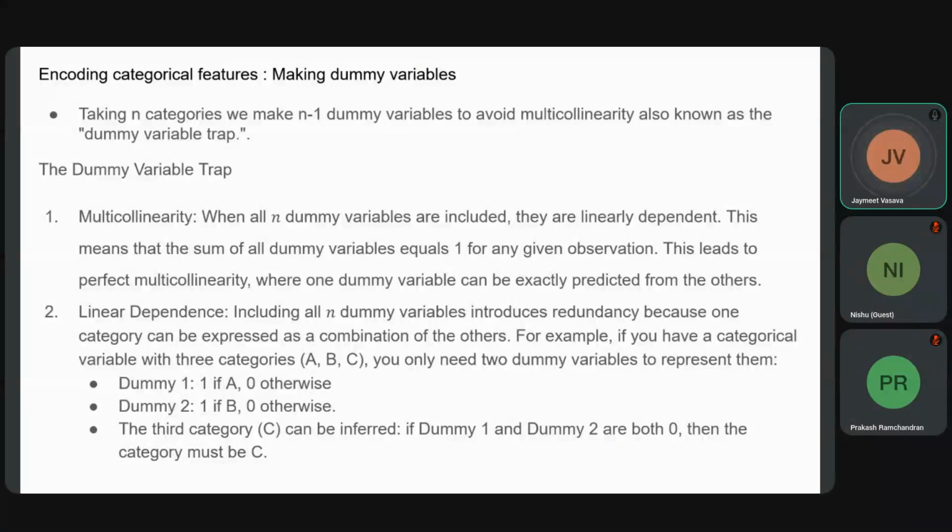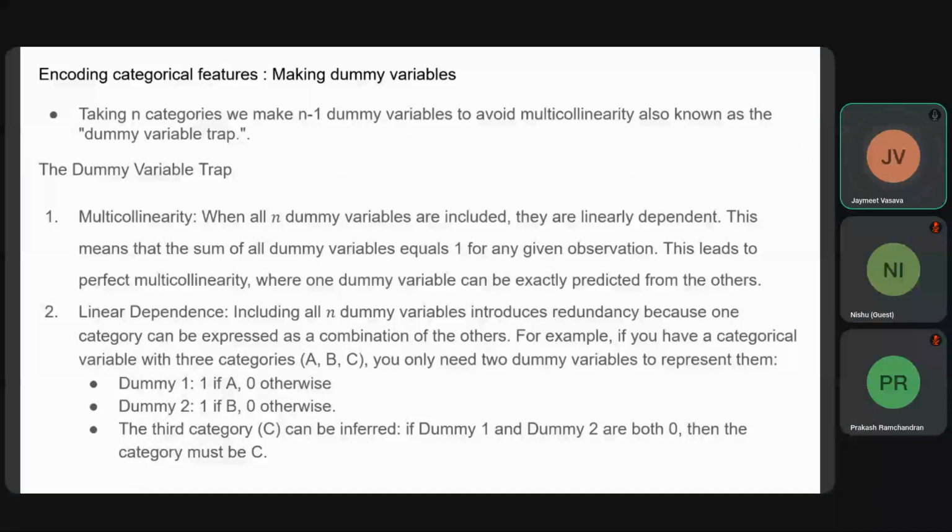Then there are categorical features. Those features have to be one hot encoded. So for those categorical features, we have to make dummy variables, and we'll be taking n-1 dummy variables to avoid multi-collinearity, also known as the dummy variable trap. We'll see in a moment why we say that.